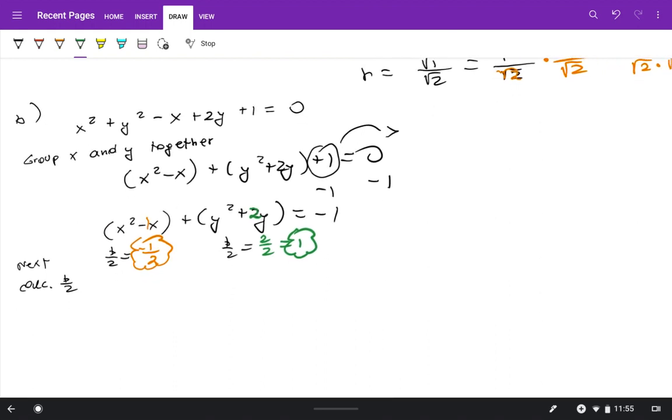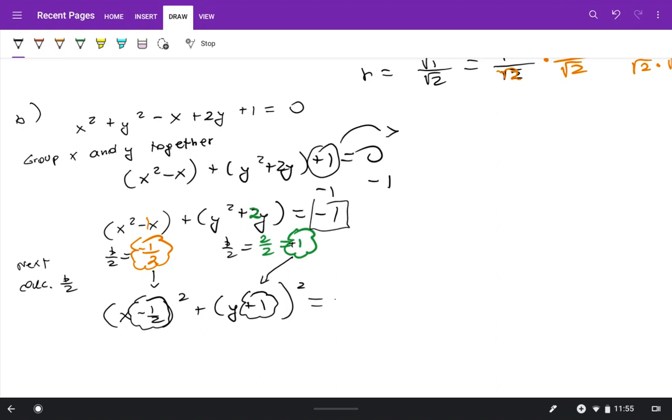Okay, so now you can start building the standard form, which will be x minus 1/2 squared. Again, don't forget that this is that b over 2, plus y plus 1, because 1 is positive 1. Just remember that this is your b over 2 squared. It's equal to the coefficient negative 1 plus b over 2 squared plus b over 2 squared.